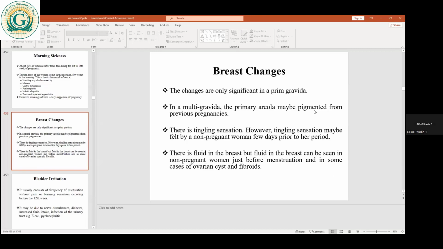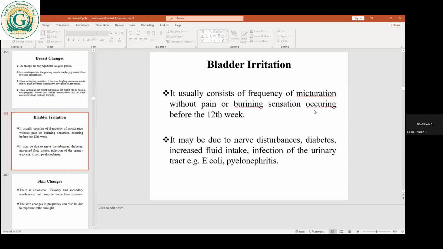Then breast changes. Some women get breast changes, feeling some tingling sensation, even when they are going to menstruate. Then bladder irritation is another area, with frequent urination without pain or burning sensation.